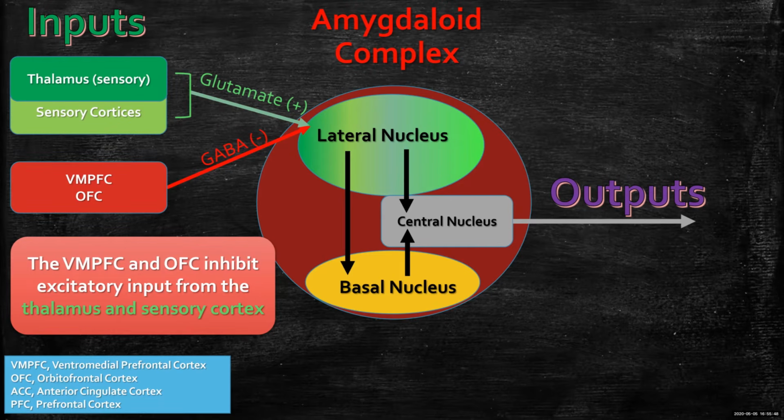What this tells us is that the cortex, specifically the sensory cortices, the somatosensory cortex, the auditory cortex, the visual cortex, stimulates the amygdala. However, the ventromedial prefrontal cortex and the orbitofrontal cortex come in and say, well, this is not that big of a deal, we're looking into this and this is not anything to be too worried about. So they have inhibitory inputs.